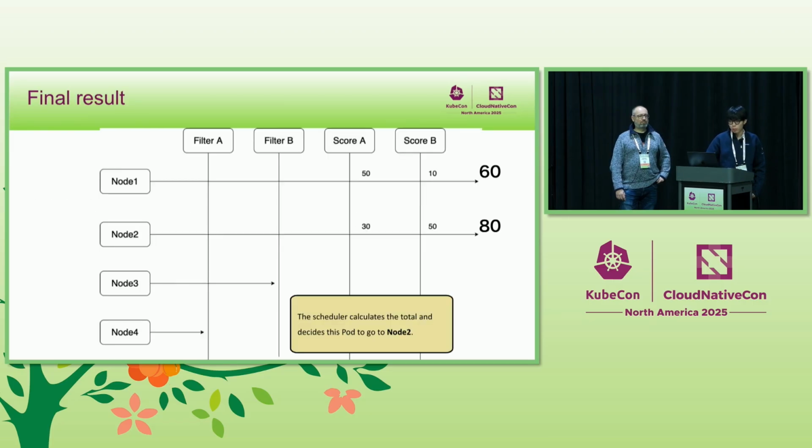So remember, this is my previous page that I explained initially. When the scheduler decides the best node, it actually has a list of total scores of the nodes that already passed the filtering phase.